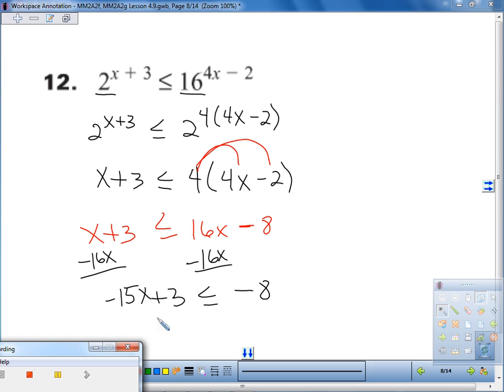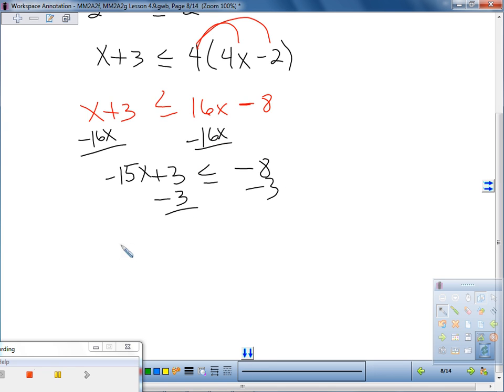Okay, now we'll subtract 3 from both sides. So we end up with negative 15x is less than or equal to, now I have negative 8 minus 3, so it's going to be negative 11. Because I'm subtracting from a negative, so I'm making it more negative. Alright, now I'm going to divide both sides by negative 15.